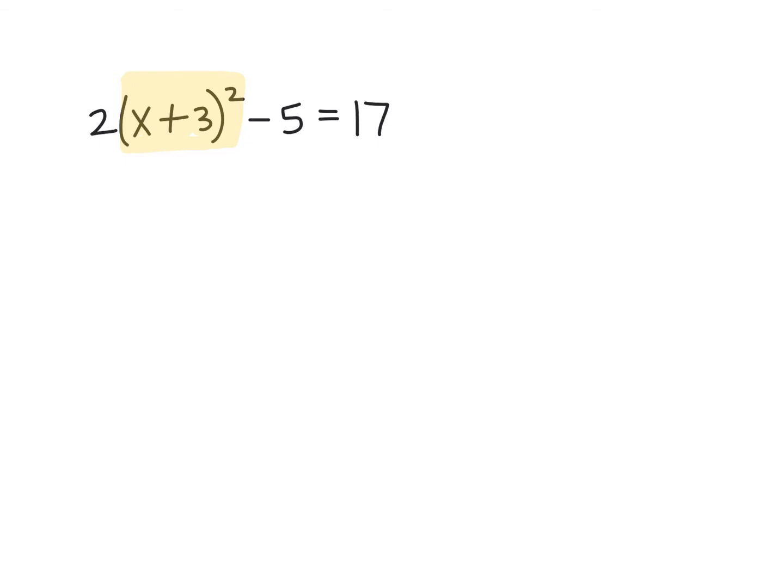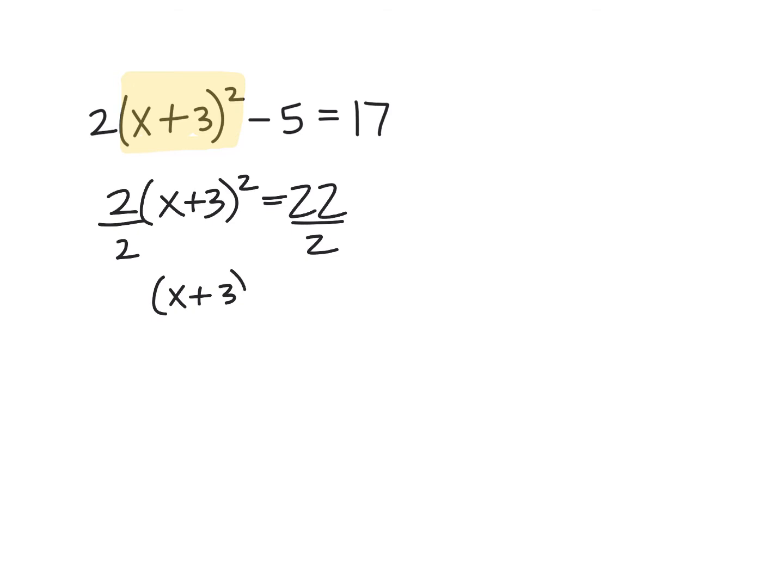So I'm going to add 5 to both sides. That's going to give me 2x plus 3 squared equals 22. And then divide by 2, just like I did with absolute value, equals 11.